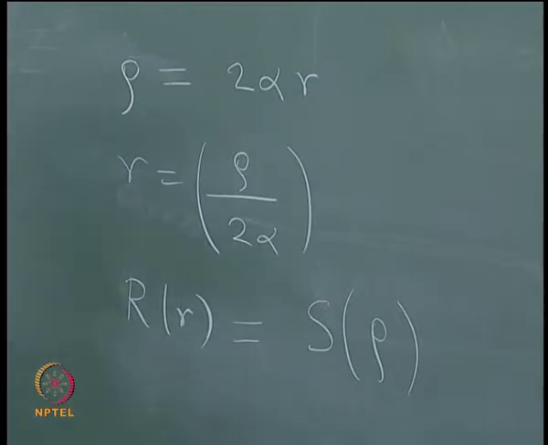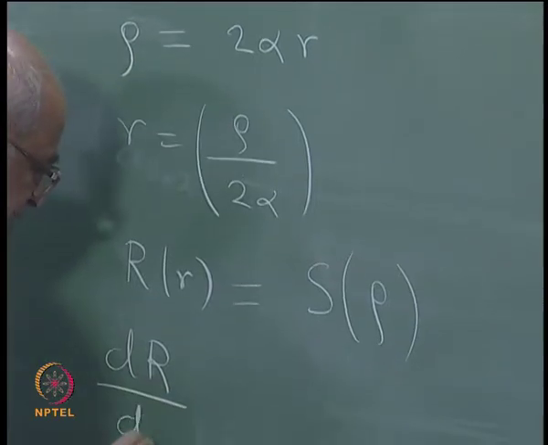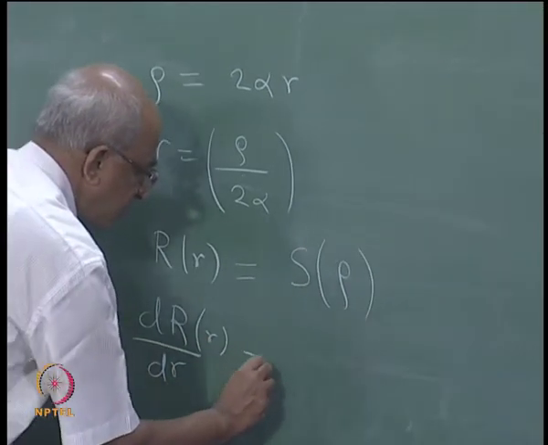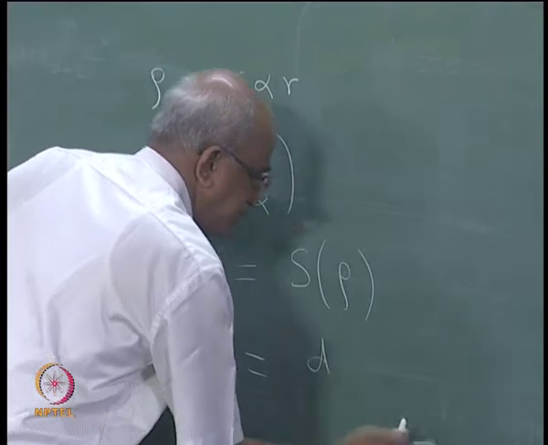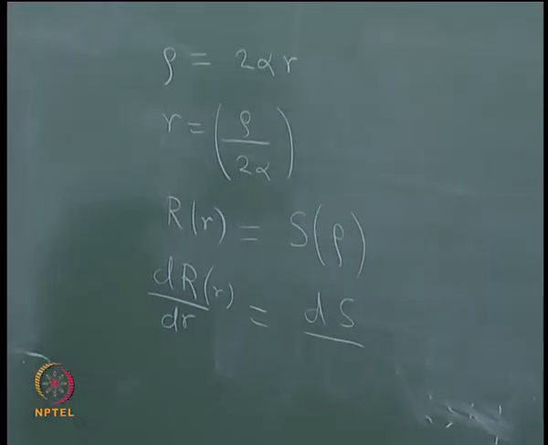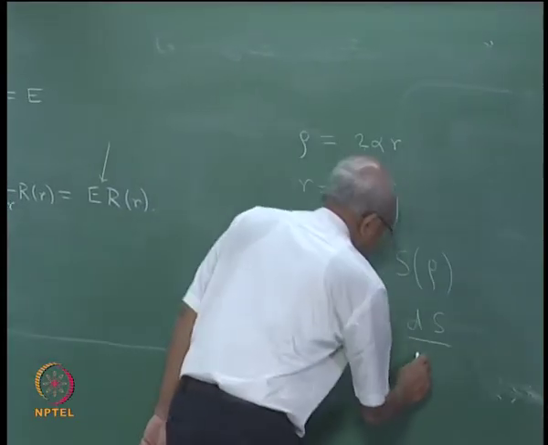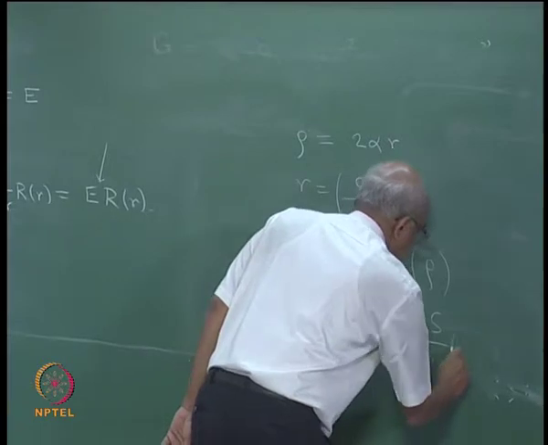So, if you think of dR by d small r, that will be equal to dS divided by what? r is rho by 2 alpha. So, therefore, naturally you will get d rho into 2 alpha.